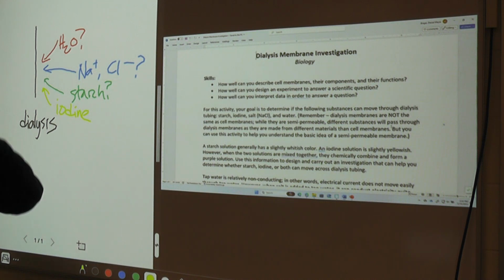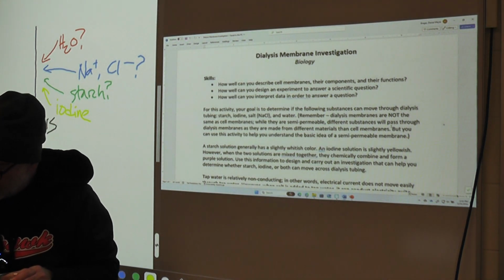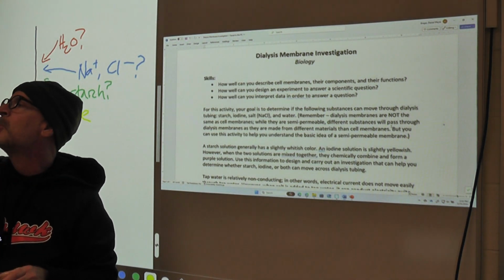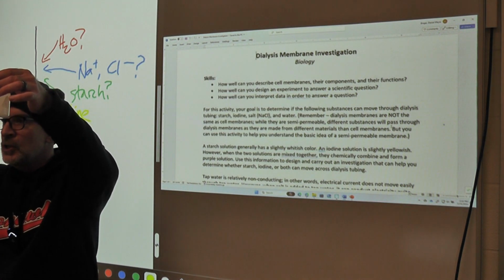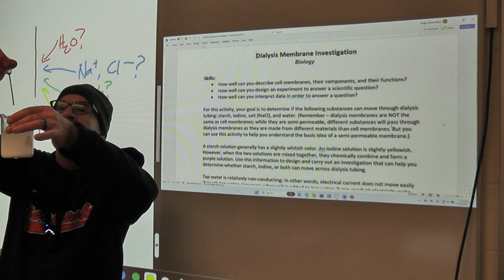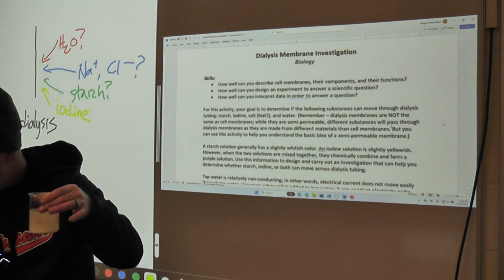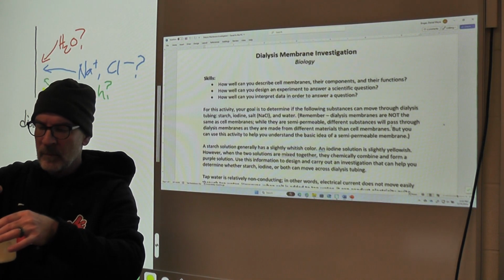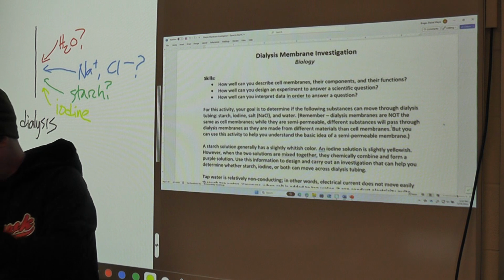But as it turns out, if you have starch in something, then when you add a little bit of this iodine, which is kind of a really dark brown color, if this is starch, when I mix the iodine in, it should turn purple. Does that look purple? I think that just looks brown still.